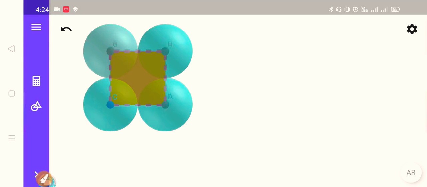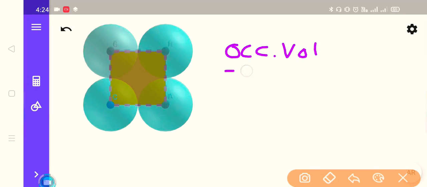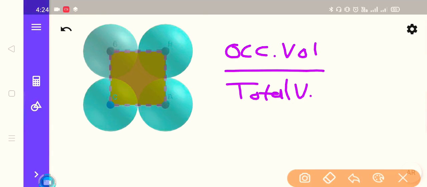Now, how to find packing efficiency or percentage of occupied volume? Simple: for that we need occupied volume divided by total volume, multiplied by 100. In this case, occupied volume is from spheres, because spheres occupy volume inside the unit cell.